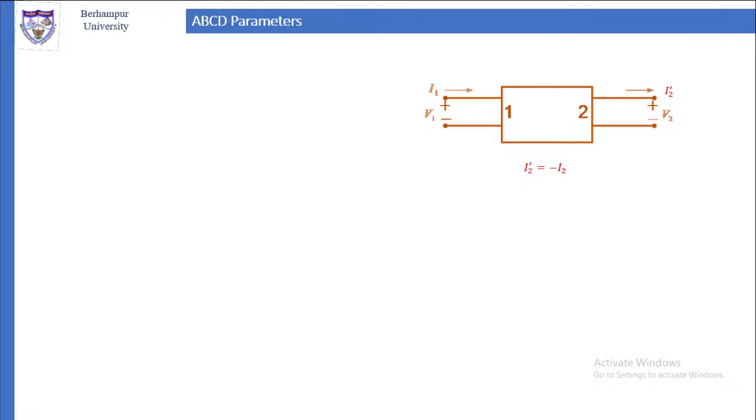So with this basic knowledge, let us come to the ABCD parameter. Because you have already studied S parameters, we will be discussing ABCD parameters now. Now consider a two-port network here. In this two-port network, across the port 1 the voltage is V1.